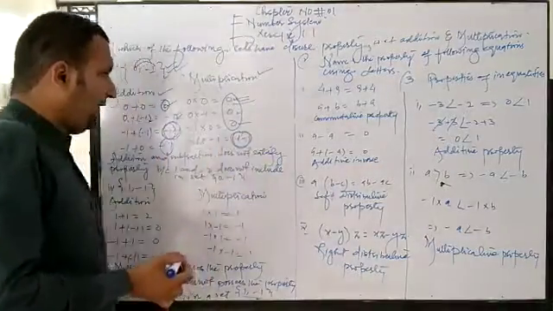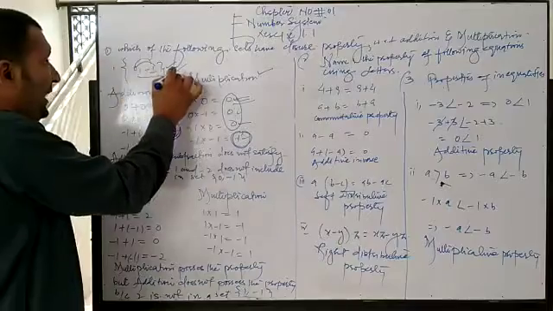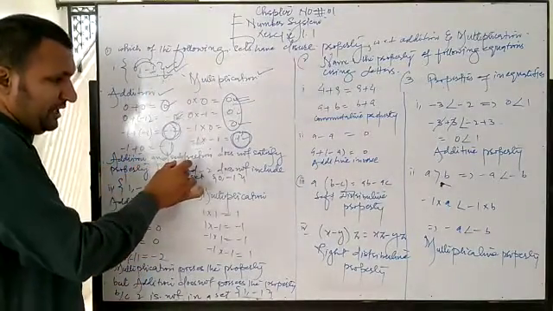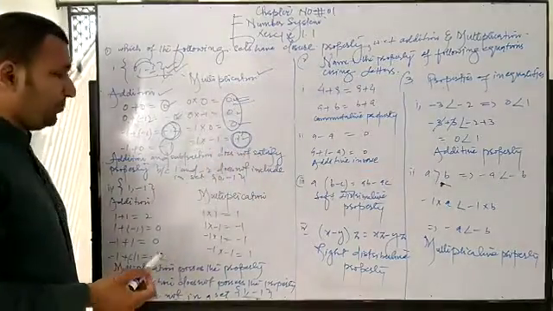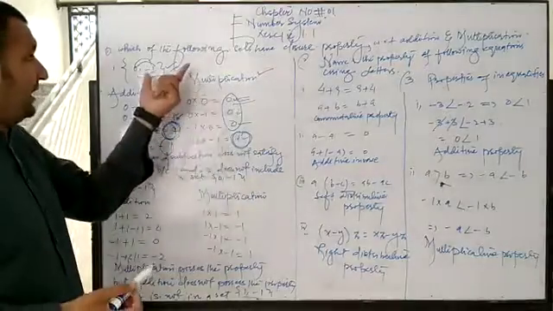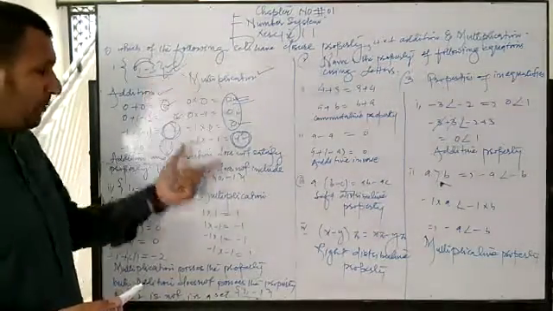Minus 2 and 1 are not included in the set {0, -1}, because addition and multiplication do not satisfy the closure property.